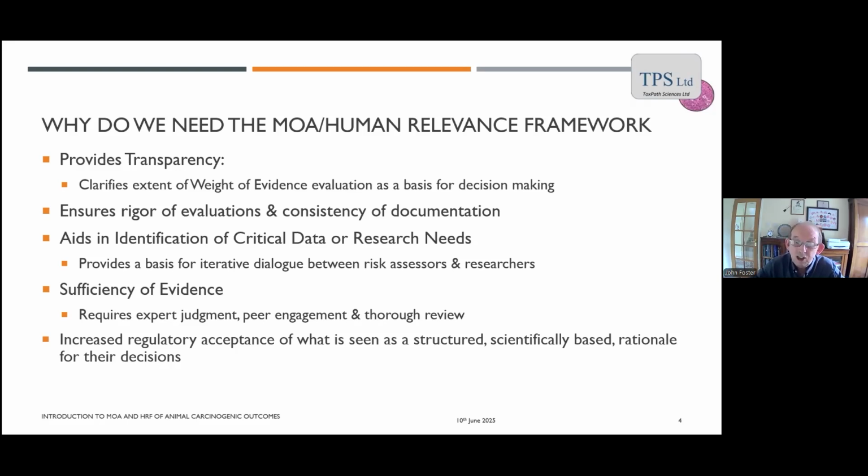You have to make sure that it's robust, with thorough review. You will see that as we go through, but there is increased regulatory acceptance of mode of action human relevance because it is seen as a structured, scientifically based rationale for any decisions or any debate that goes on in terms of the decision.